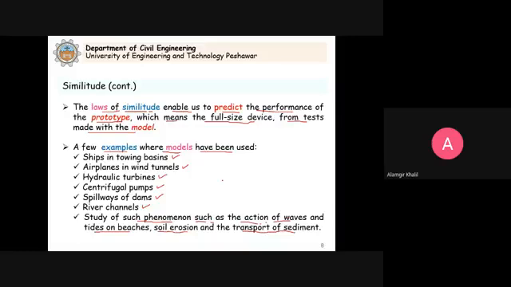So you can see here that these models have been used for many applications. Clear? That's why we need to study what similitude is, and then how we use the laws of similitude, which will help us to predict the performance of the prototypes. Model studies are conducted in many areas of engineering.